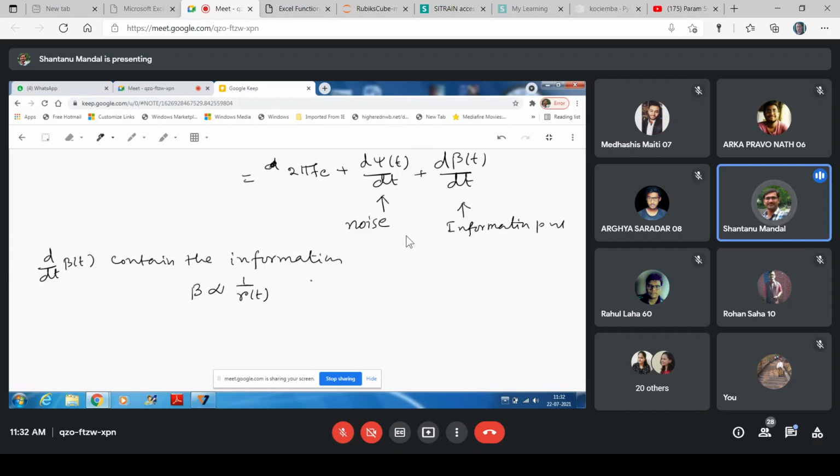Thus we can say that d beta t dt does not contain any direct signal term; the output is a noisy part.